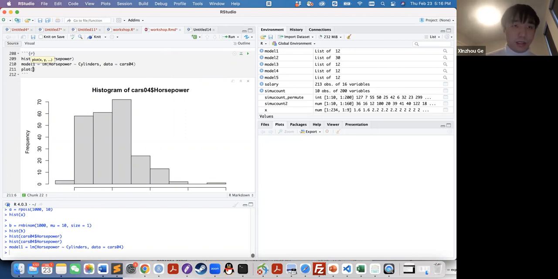So we can first plot horsepower versus cylinders in a scatter plot.